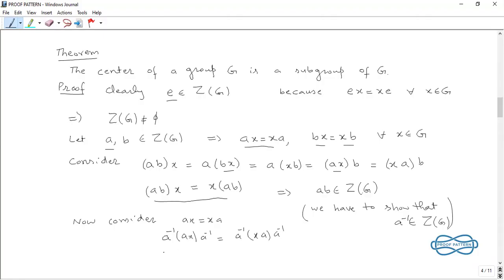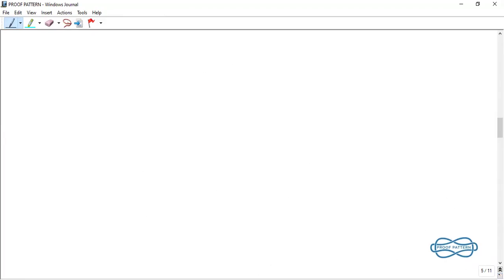Using the associative law, this can be written as a inverse a into x a inverse and a inverse x into a inverse. And clearly, this is identity and this is identity. So what we get is x a inverse is equal to a inverse x.